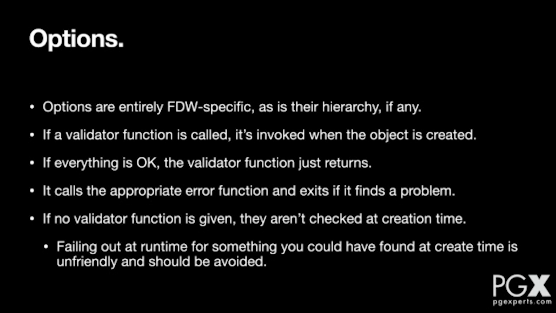When any of these objects are created, the validator function is called to say, are these okay? It either returns or it calls an error and thus doesn't return. You don't have to write a validator function, in which case it'll just accept any old garbage in the options and hope it's all okay.